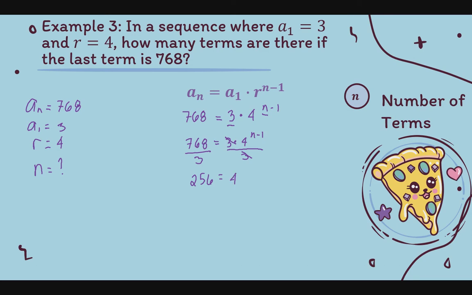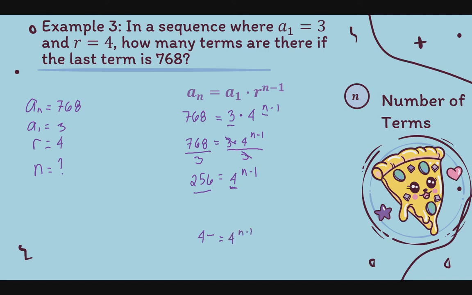Ngayon, ang goal natin ngayon is mag-multiply tayo ng mag-multiply ng 4. Etong 256, kailangan maging 4 ang kanyang base. So, para malaman natin kung ano ang exponent niya, magmumultiply tayo ng magmumultiply ng 4.